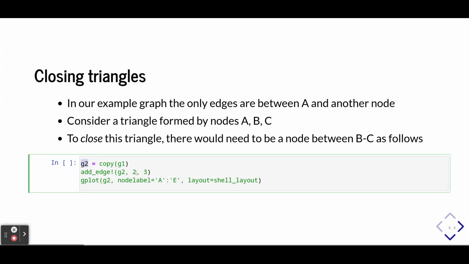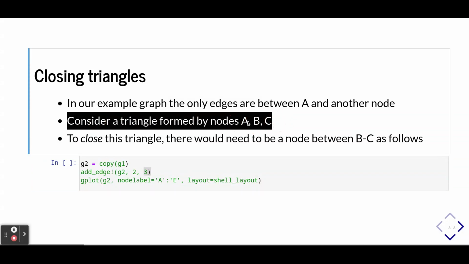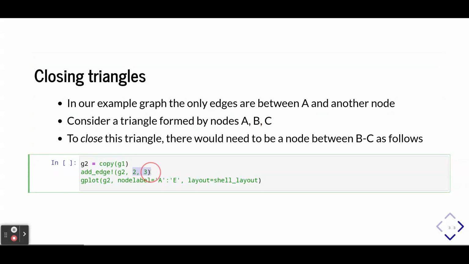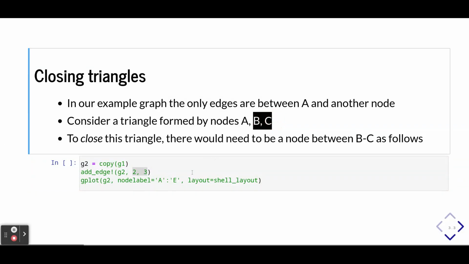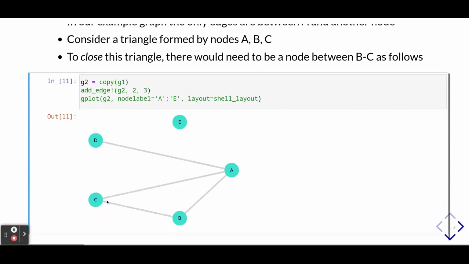Now, the edge that we'd like to add will be between nodes 2 and 3. And this is going to be the triangle formed by nodes A, B, and C. So node A is integer 1, B is 2, and C is 3. So when we add an edge between 2 and 3, we're really adding an edge between B and C. And what we should see now is that we have a closed triangle between A, B, and C.